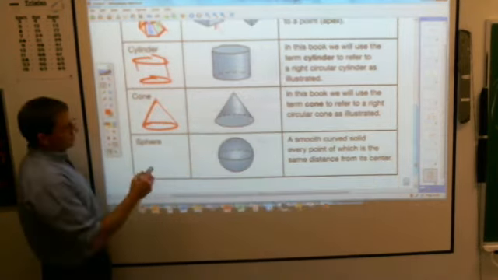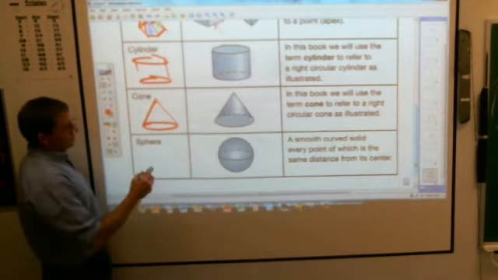Now, with that being said, somewhere on your piece of paper here, we need to make sure that we label. The three things you need to know about these shapes are what's the difference between faces, edges, and vertices. You got a space on your paper, right? If you have a three-dimensional shape, say I've got this.